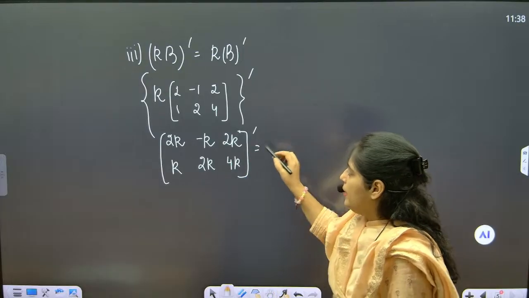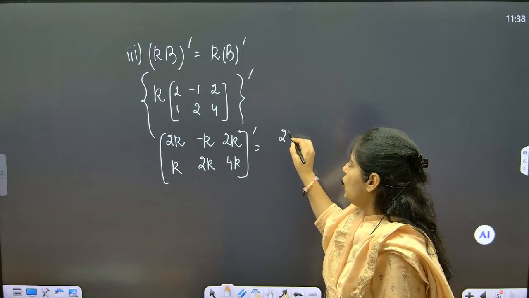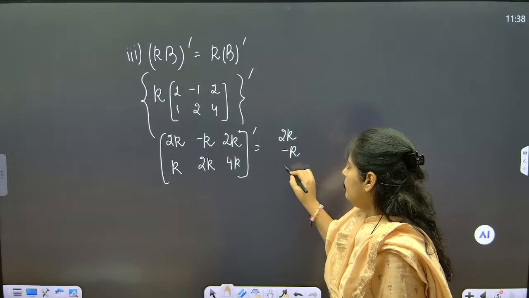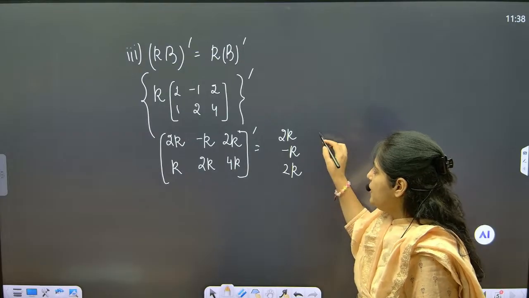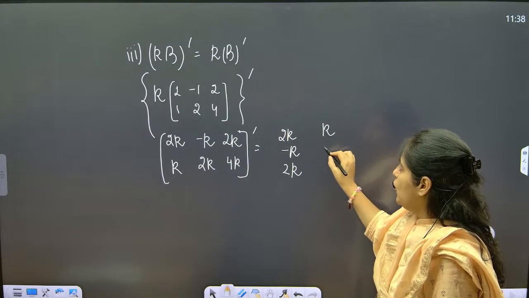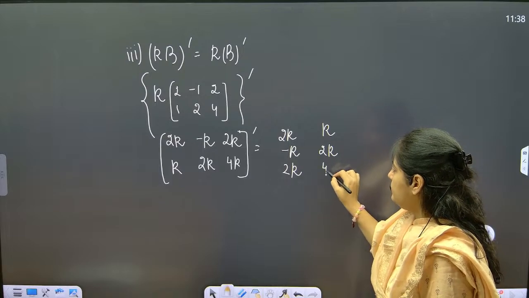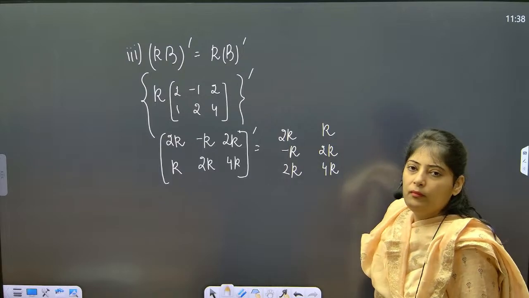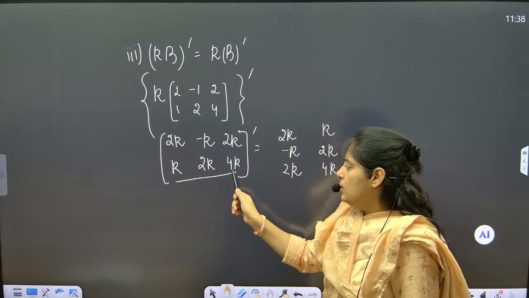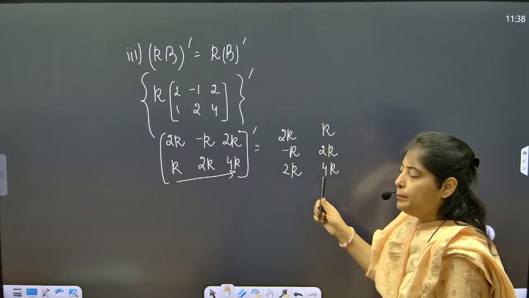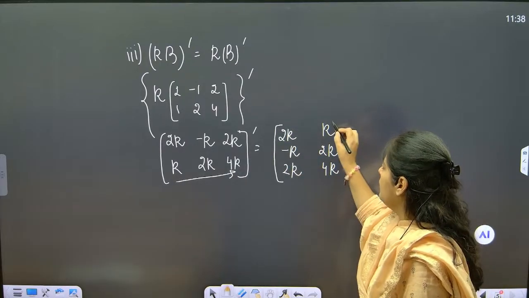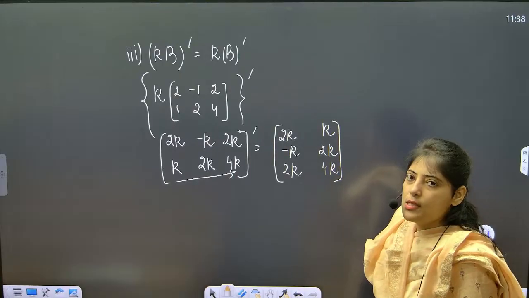Transpose means first row will become first column, second row will become second column. This is my LHS.